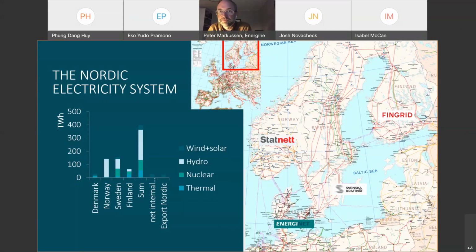There is new nuclear being built in Finland, whereas it's more undecided what to do with nuclear in Sweden. But in general, thermal and nuclear, which give us the inertia today, are being reduced.